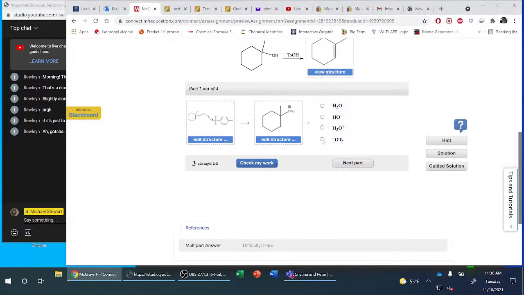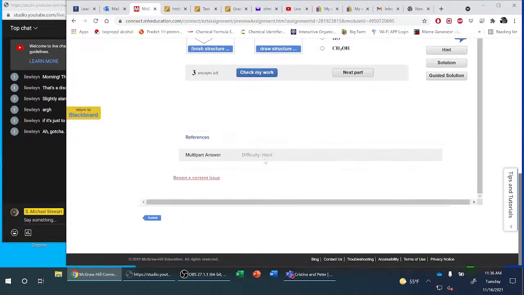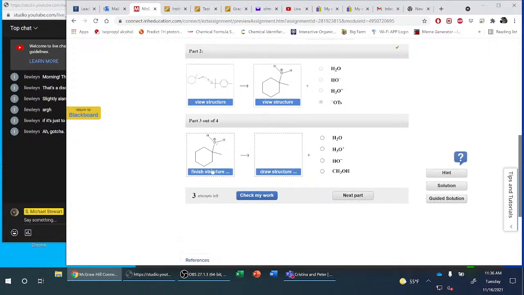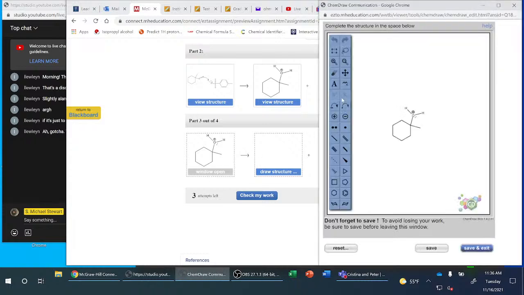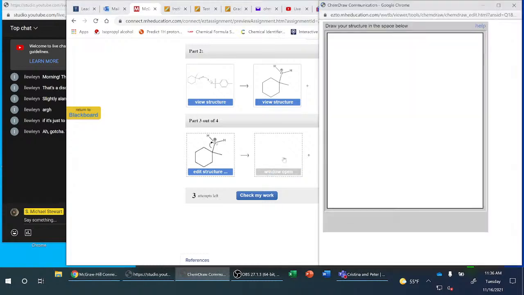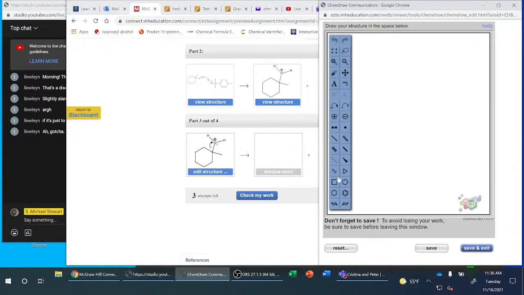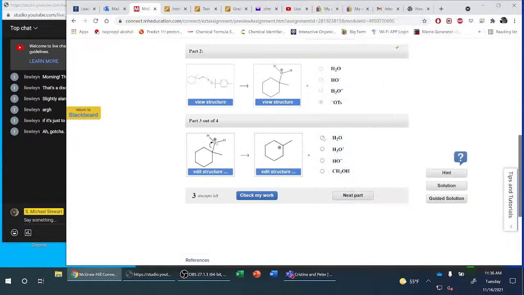And we're going to end up with the tosylate ion. Next up, we're just going to break that bond between the alcohol and the ring. End up with a carbocation. And water.